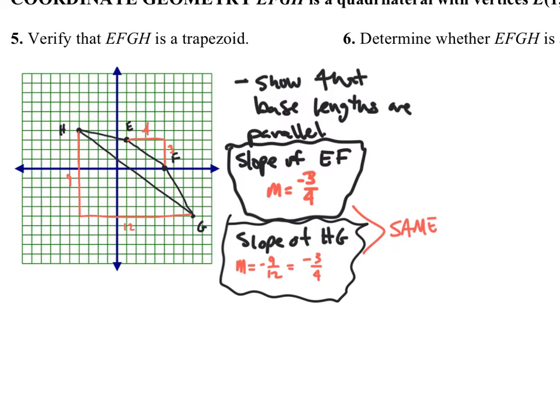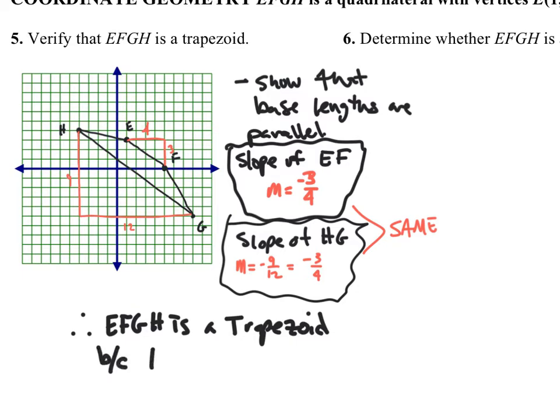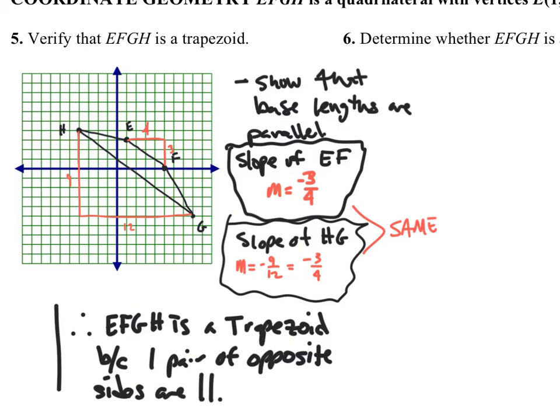So my conclusion is that EFGH is a trapezoid because one pair of opposite sides are parallel. And that's all I'm looking for.